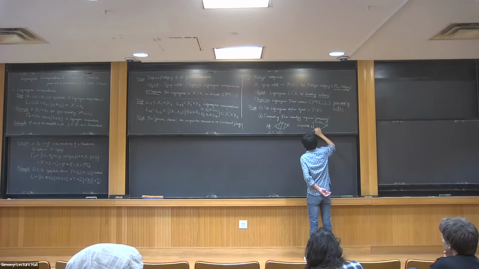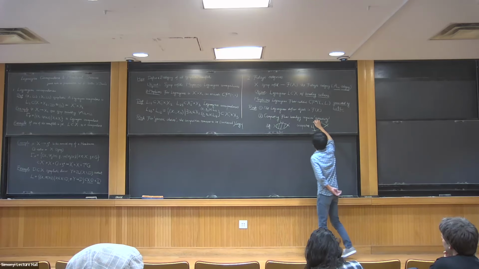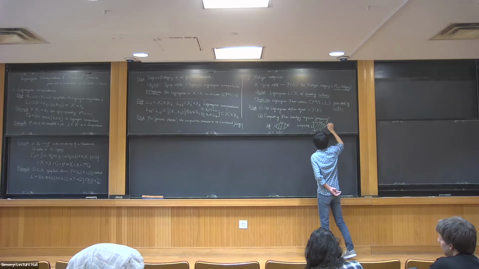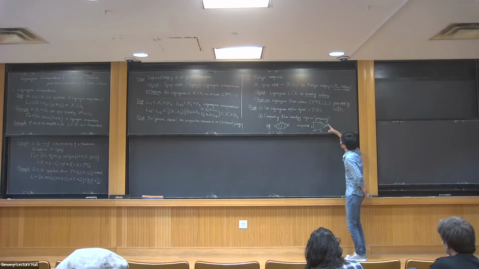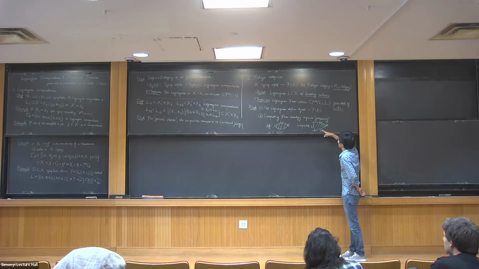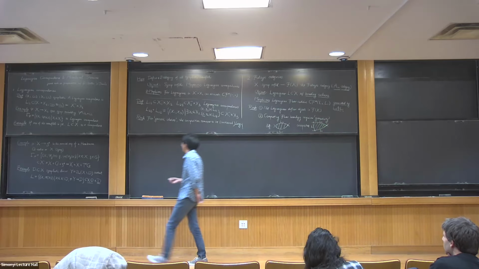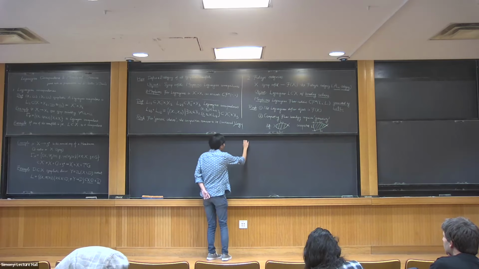So you have an intersection point of L0, L1 and an intersection point of L1, L2. Their composition would be a point inside L0 intersect L2 where you can find such a holomorphic triangle. And you can imagine there are further higher compositions and so on.